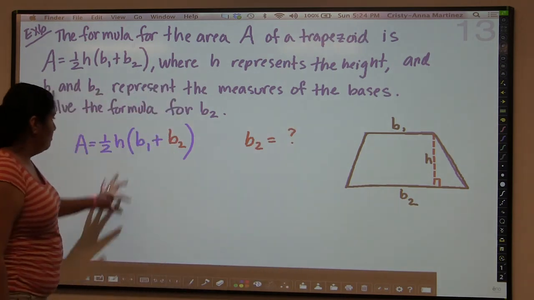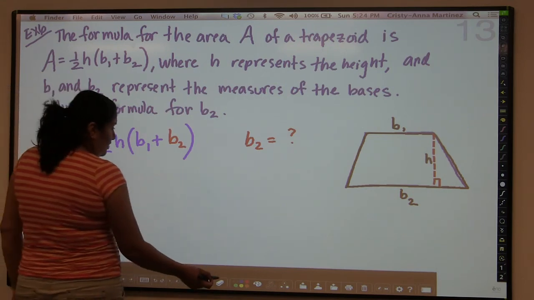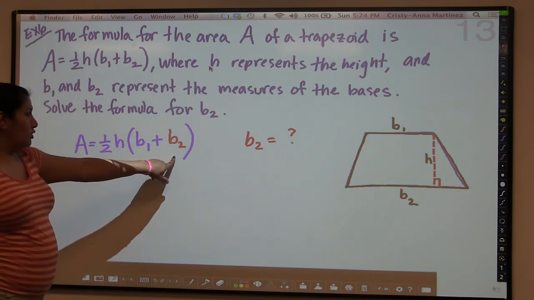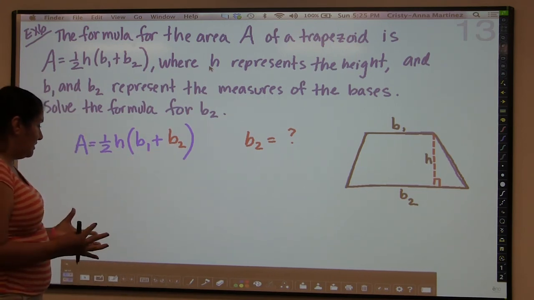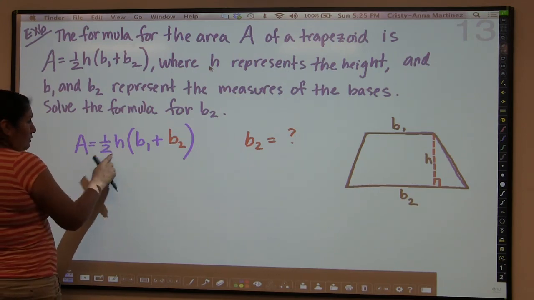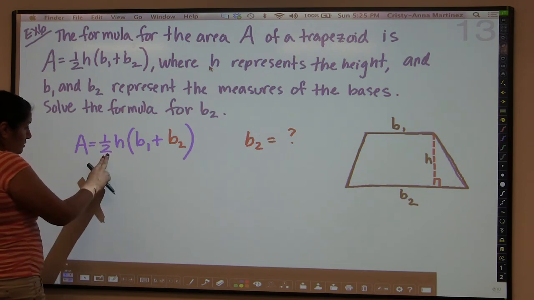What does it equal? We have to move everything around here to get B2 by itself. So again, in order to do that, you should recognize, like earlier, that the B sub 2 is trapped inside of the parentheses. So in order to get it out, we're going to have to deal with this here. The first thing I'm going to do is, I don't like this fraction, okay?